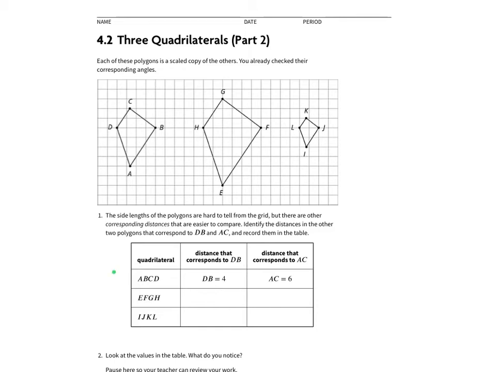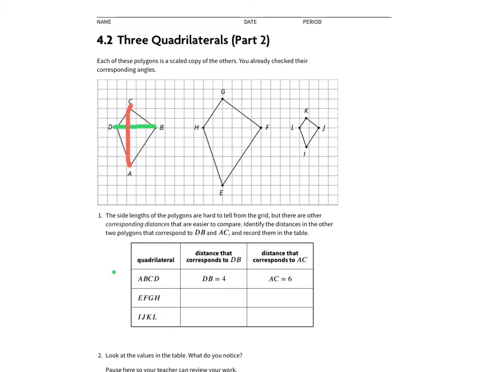We have in this table, it says the side lengths of the polygons are hard to tell from the grid, but there are other corresponding distances that are easier to compare. Identify the distances in the other two polygons that correspond to DB, and DB is right here, and to AC, which is right here. And we're measuring those because they're easy to count. So we're going to go look in this table.